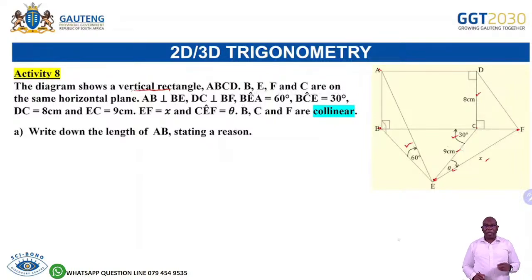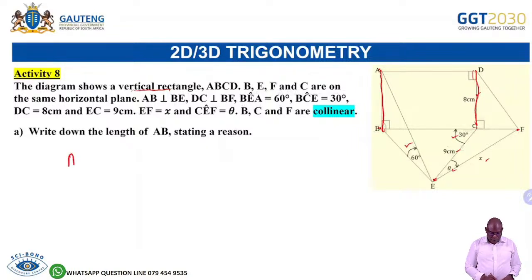But as we say that it must be given as numerical, you'll see in the next question what they're asking you. Now A, the length of AB. How am I going to get the length of AB? Already I know that the length of AB here is the same as the length of CD, opposite sides of a rectangle, stating a reason.